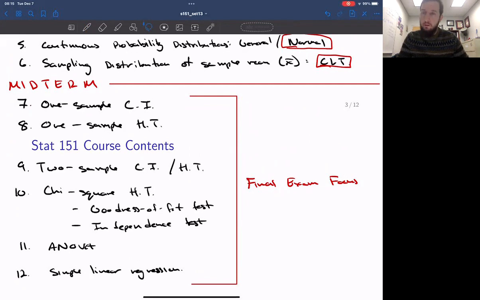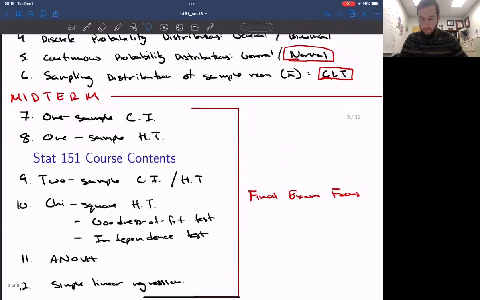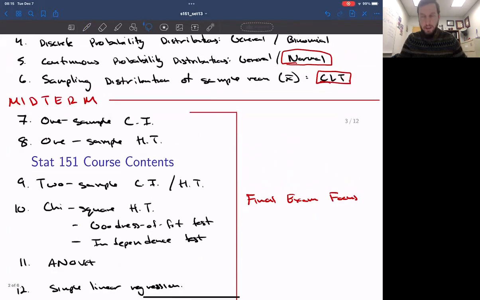The reason that the answer is no is because a lot of the things that we studied before the midterm, we need for the final. So, for example, you have to understand what it means for something to be normally distributed. You have to understand how we can use the central limit theorem to check assumptions of the 1 and 2 sample hypothesis tests.